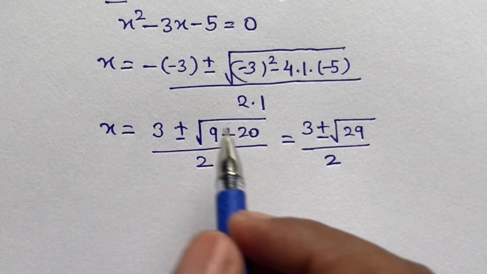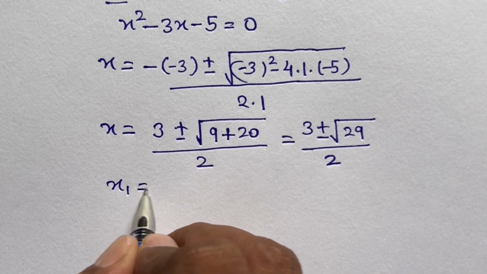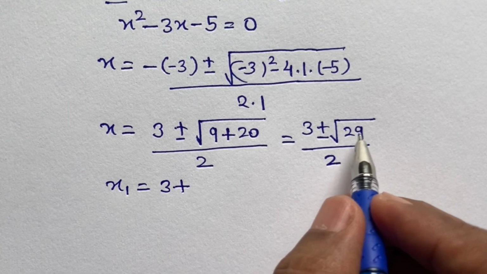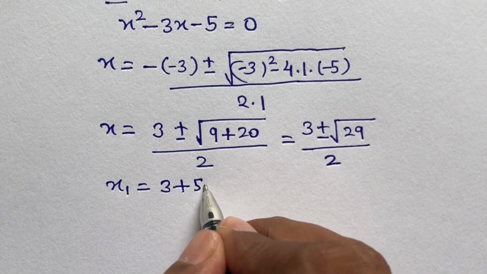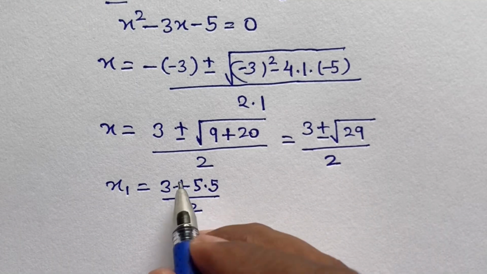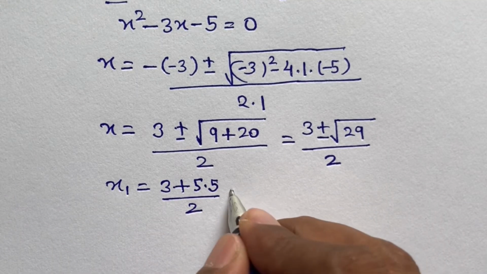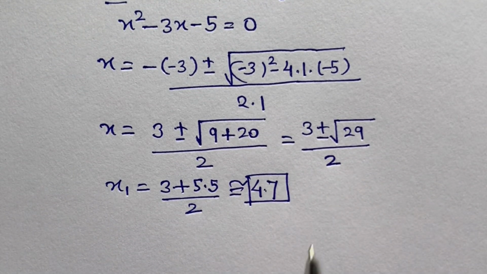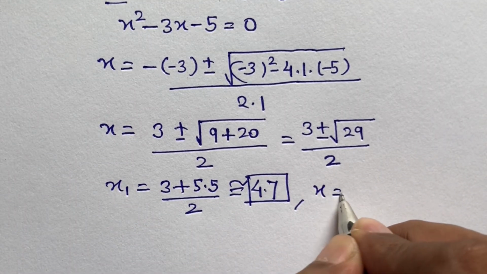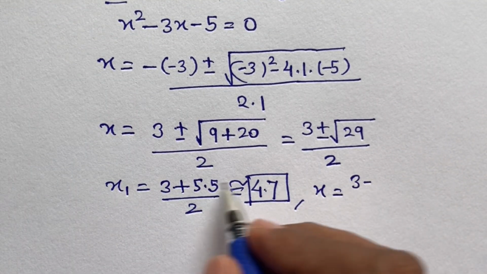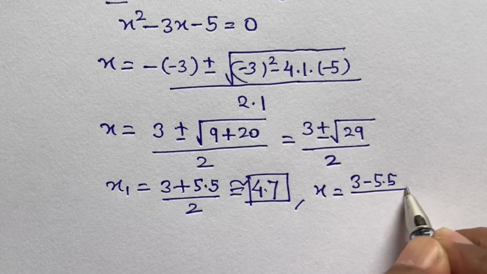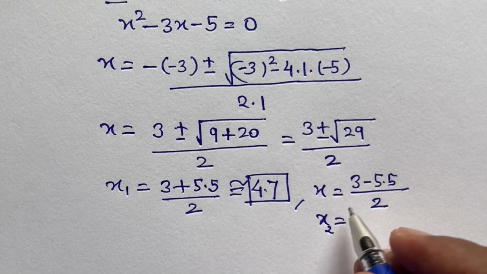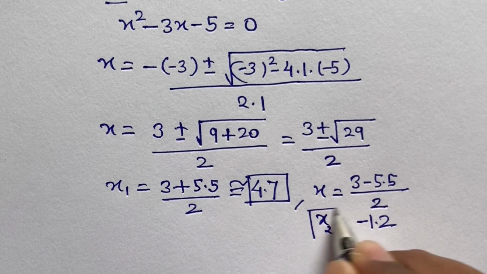So here we have found two values for x. x1 is 3 plus √29, where √29 is more than 5, let's say 5.5, so this is 8.5 divided by 2, which is around 4.2.7. The other value, x = 3 minus 5.5 divided by 2, will be a negative value, around −1.2.